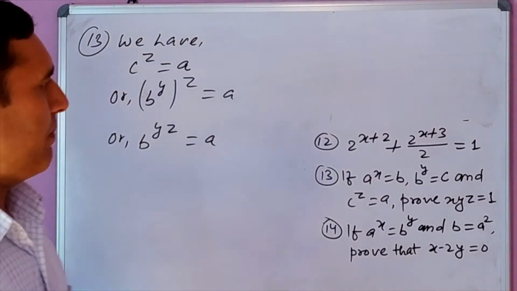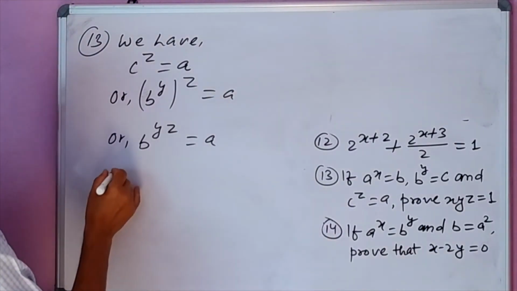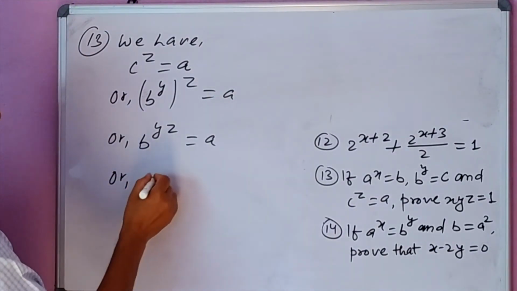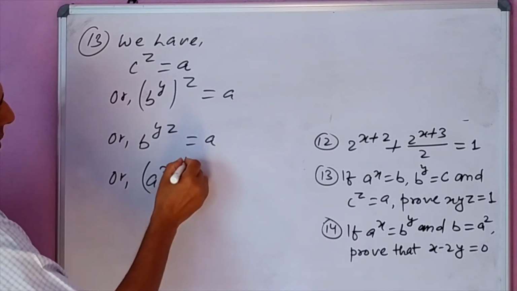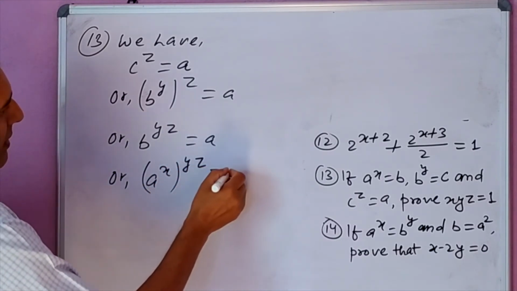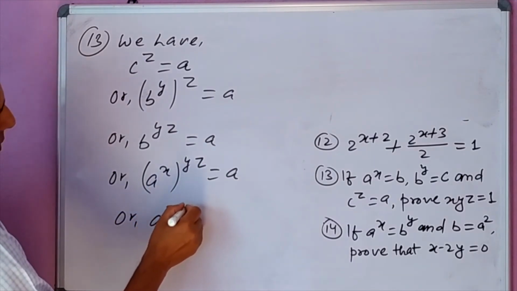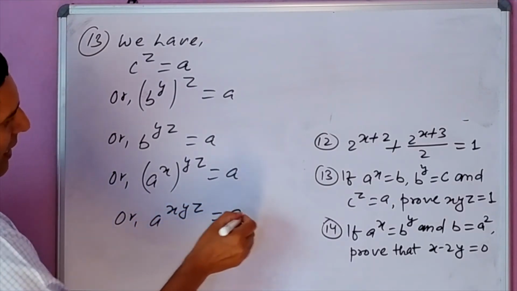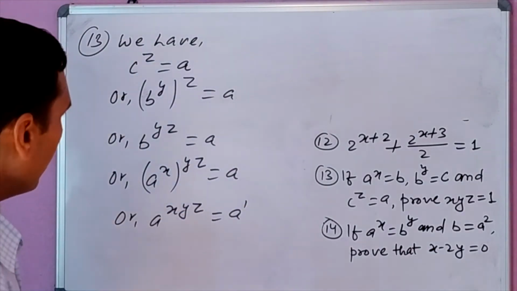Now what is b? B is a to the power x. This b can be replaced by a to the power x, or to the power yz as it is equal to a, that is a to the power xyz is equal to a. A means a to the power 1.